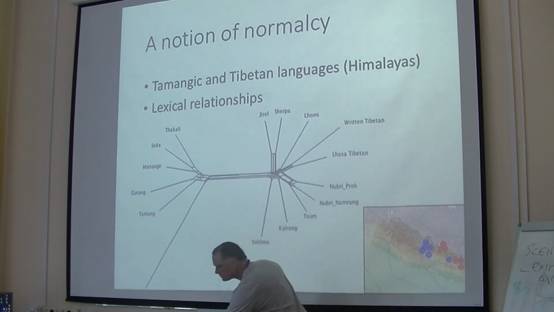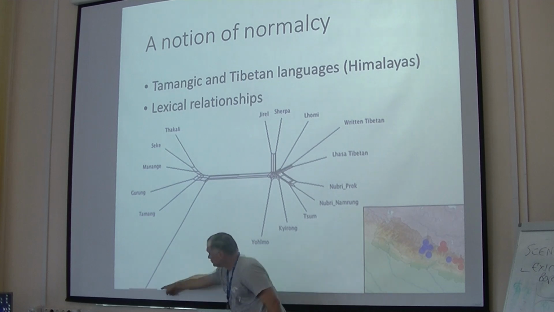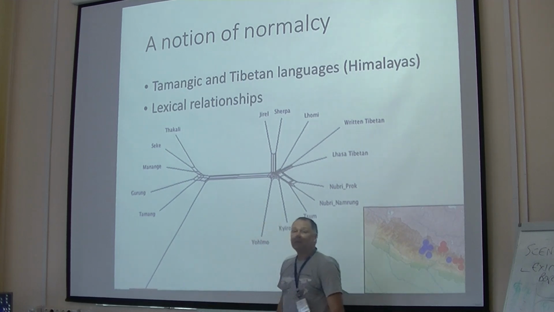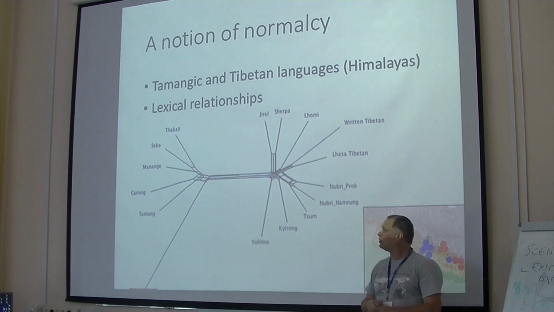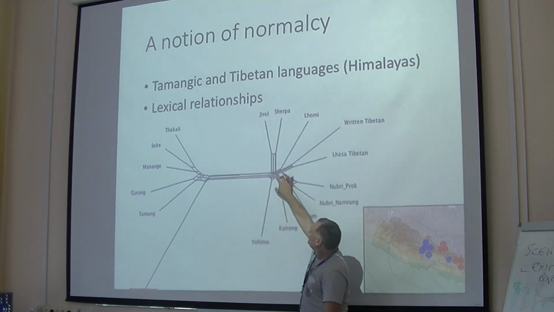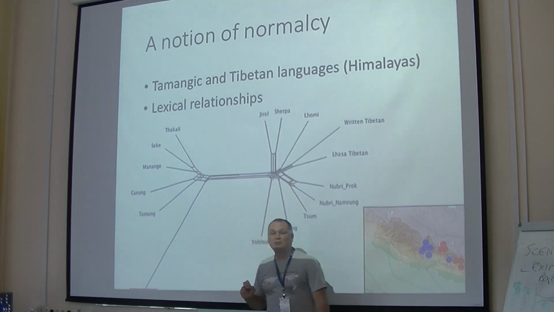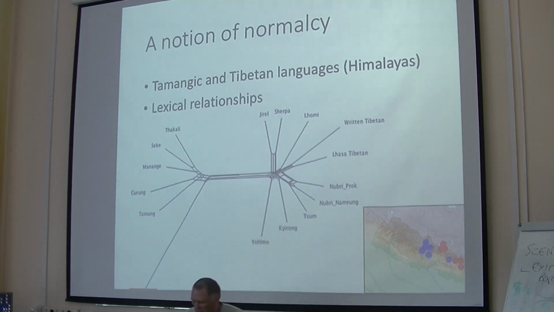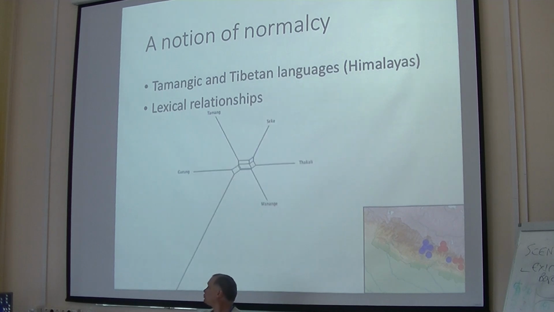The problem is, and you can't even see it, Chantel down there is not typical. It is not behaving in a little tight cluster with the rest of the Tamanic languages. It has just appeared far away. If I look at just the Tamanic languages, once more, you see Chantel down here.